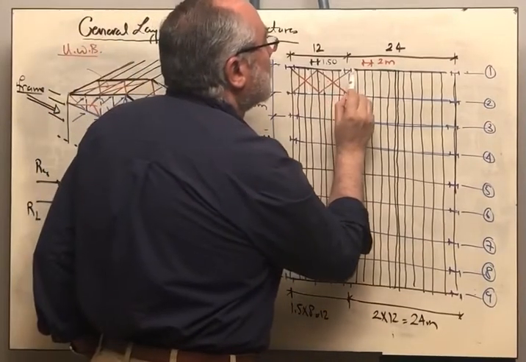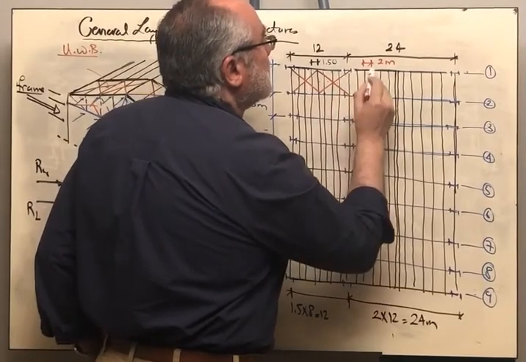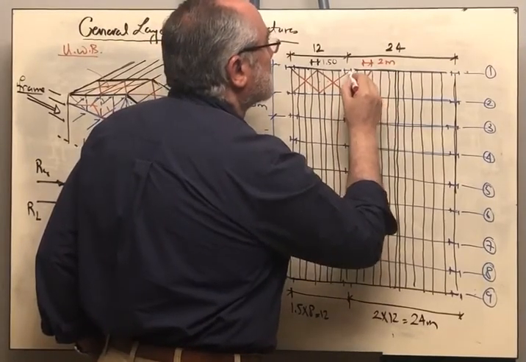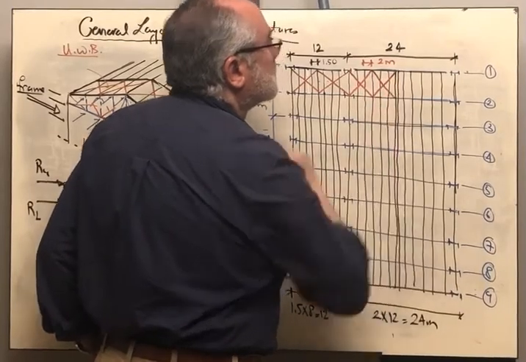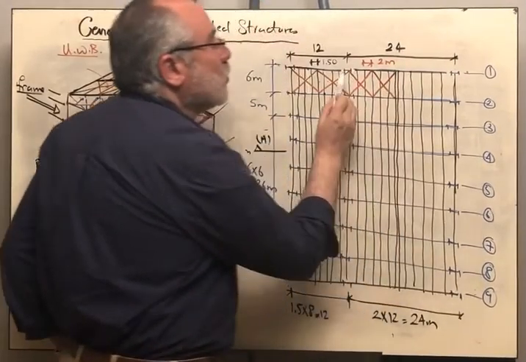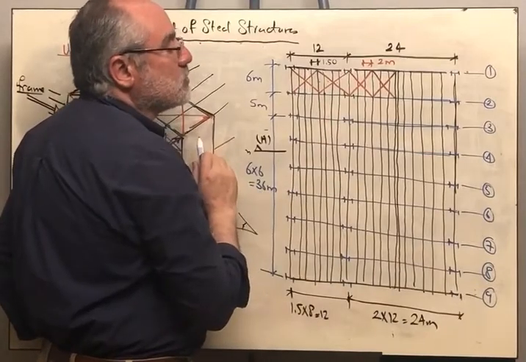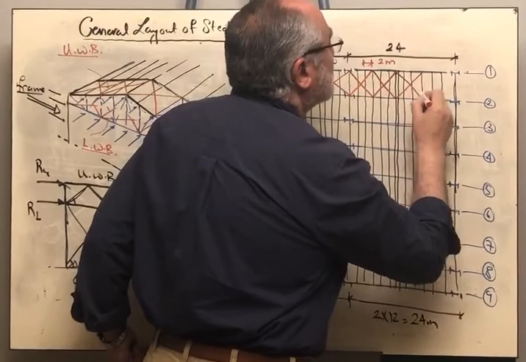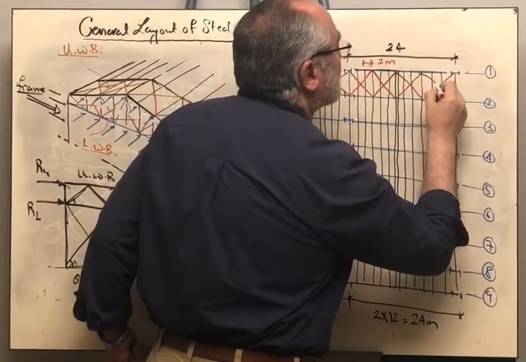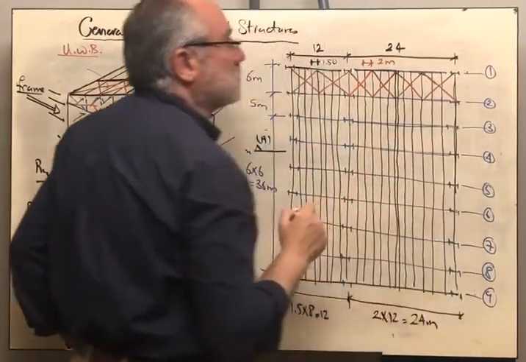If I took every 3, 1, 2, 3, this will give me 6 meters. This will be 6, and this will be 6, like that. No problem, you can take every 3 spaces together in one cross, and also another cross and another cross.